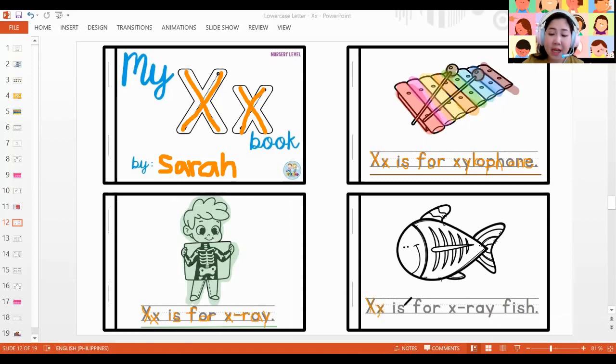And for the last page in our My Xbook, we have X is for X-ray fish. And remember, this fish is special because we can see the bones of the fish.